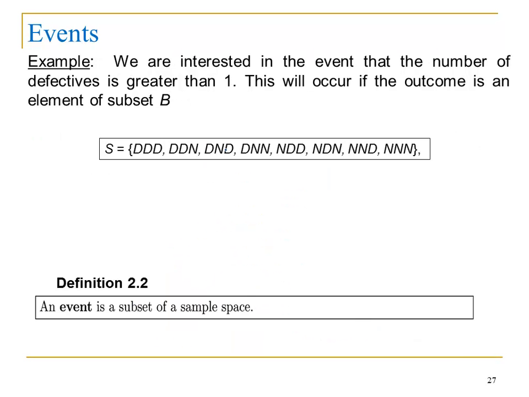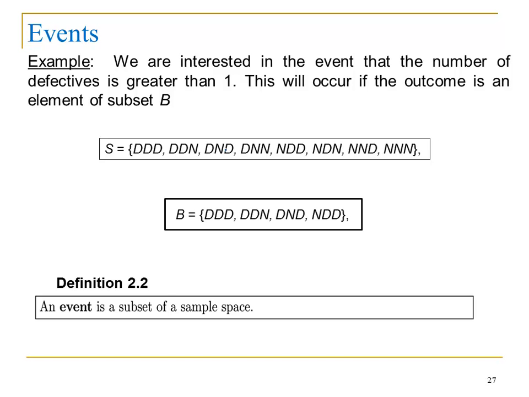But now we are interested in the event that the number of defectives is greater than 1. This will occur if the outcome is an element of subset B, and subset B comes from your original sample space. So we're going to list all the outcomes that have 2 or more Ds.